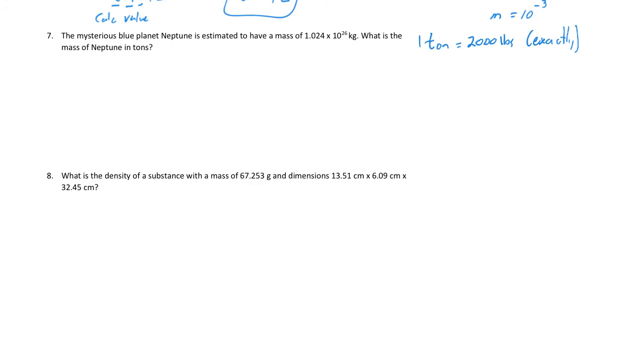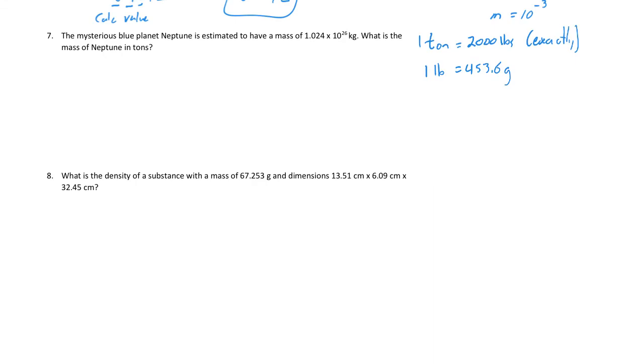We see that 1 pound is equal to 453.6 grams. That's approximate, so that is 4 significant figures. So that means we need to convert first into grams and then from pounds into tons.